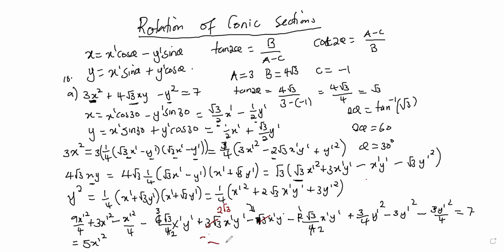So if we put 2 down, we'll have minus 3 root 3 plus 4 root 3 and then minus root 3. Yeah. So if you add these, we're getting a 0 here, is it? So it means that the product has gone. So we're okay. Once the product goes, then we are fine. We're getting rid of x prime y prime, right? Yes. Okay. That's the main purpose of doing the rotation.